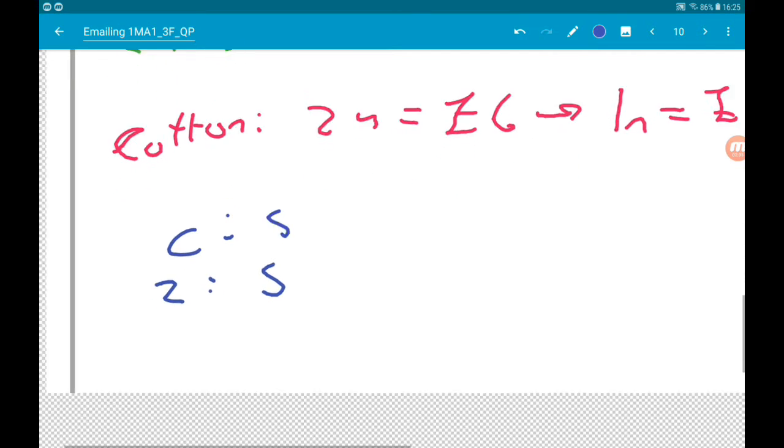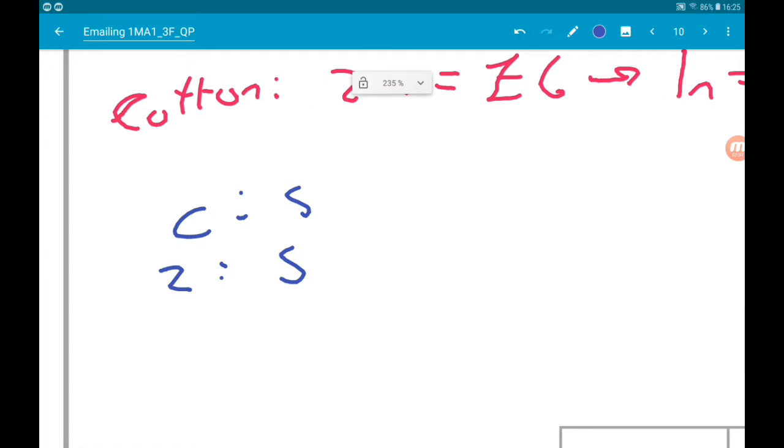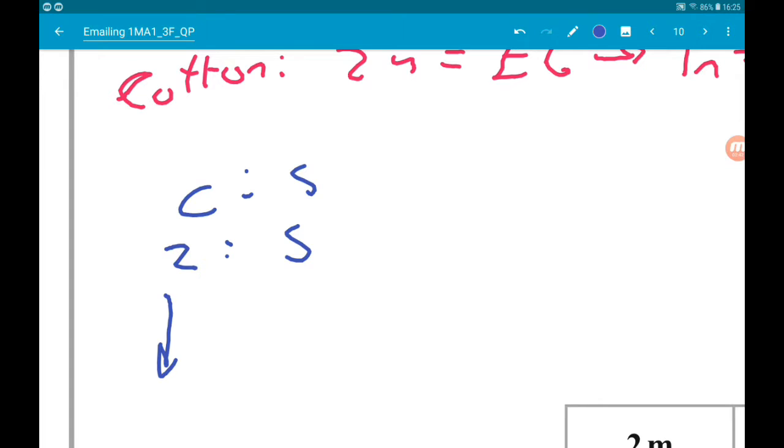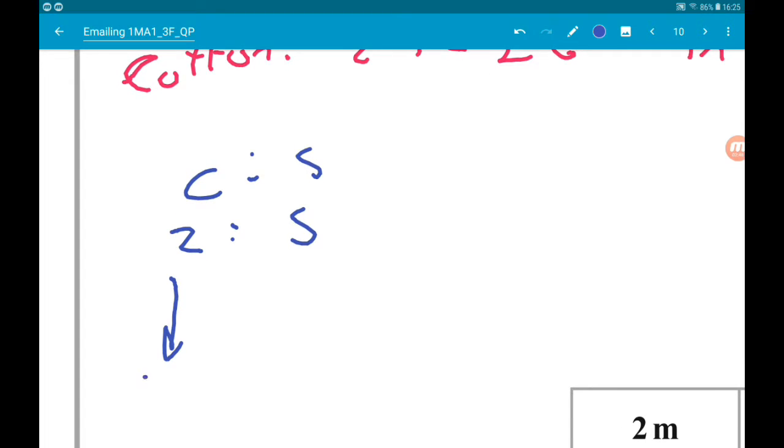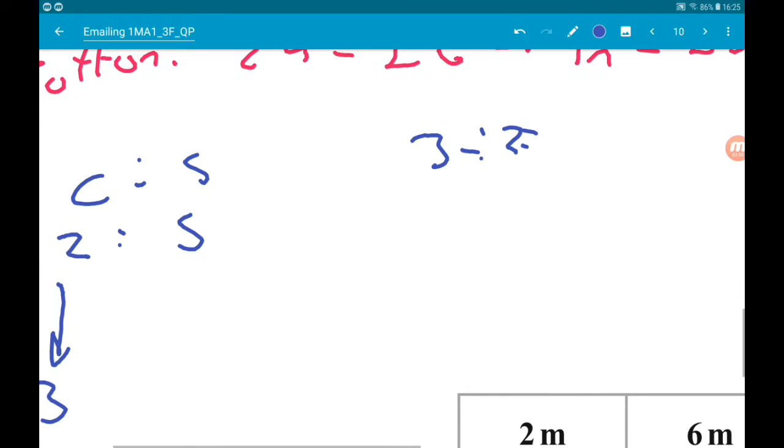So let's turn 2 into £3, or just into 3. So 3 divided by 2 is 1.5.